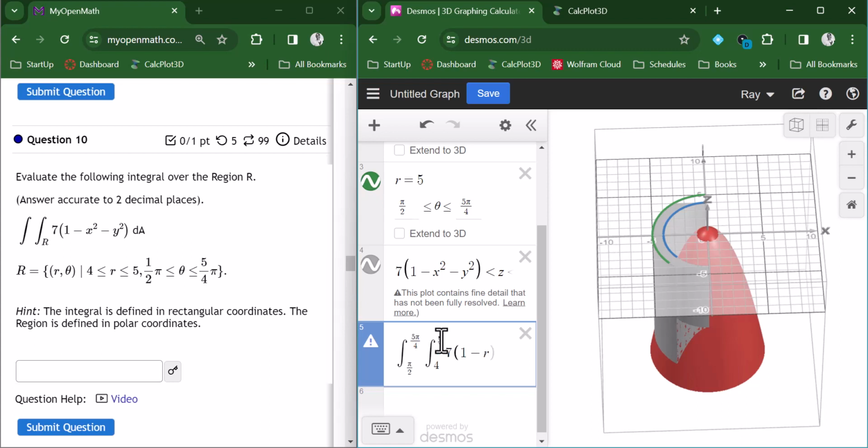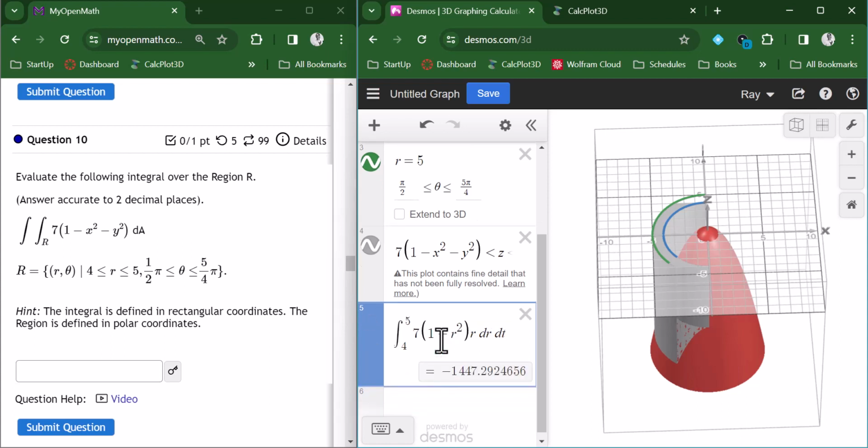So minus x squared minus y squared is negative r squared. Now the dA, remember, has to get replaced with r before we do the dr d theta. So r is another factor here, and then we go dr and then d theta.